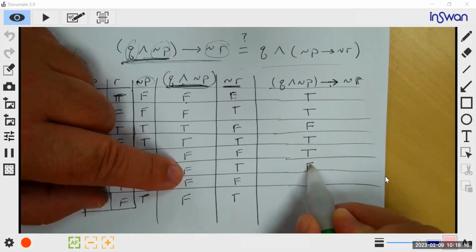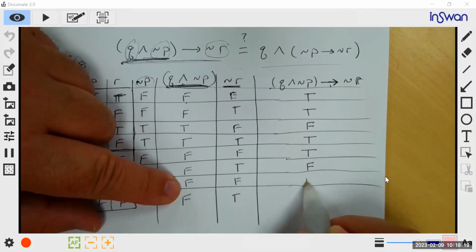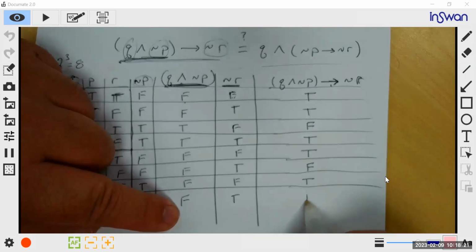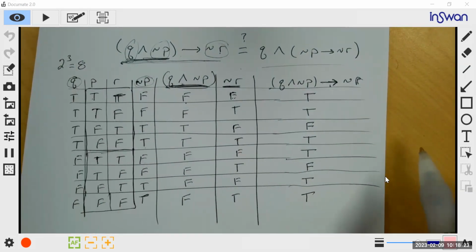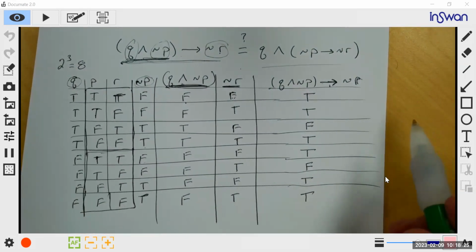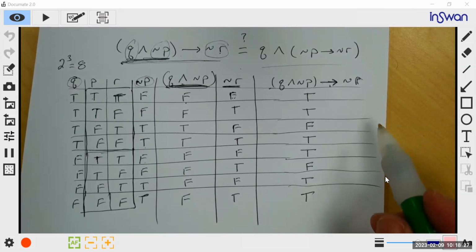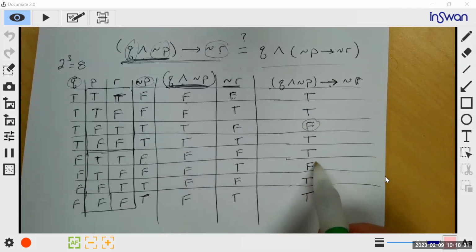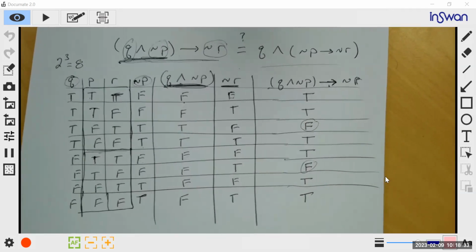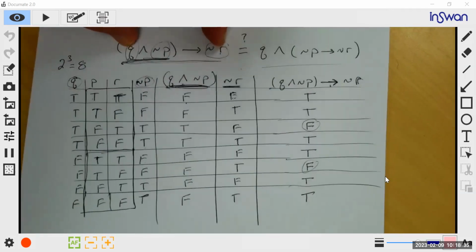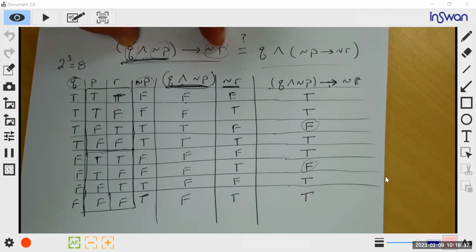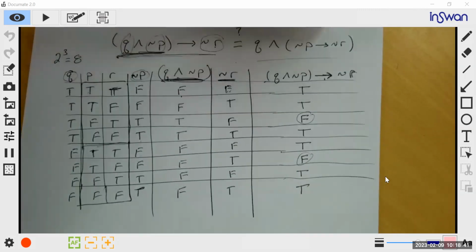False and true. So we only have two times this thing fails. So that's this first statement. Now let's do the other one.